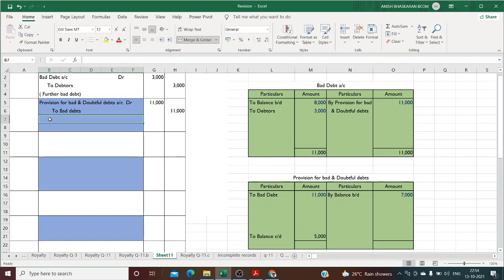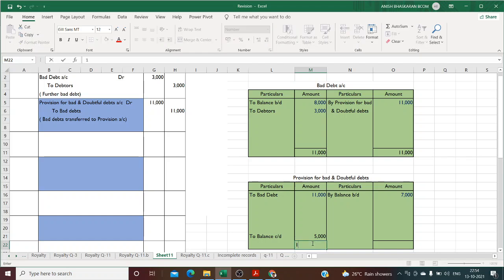Narration: bad debts transferred to provision account. You can specify provision for bad and doubtful account. Now we have to close our provision for bad and doubtful debts account.